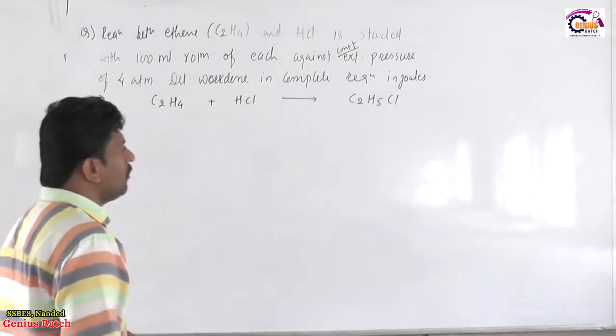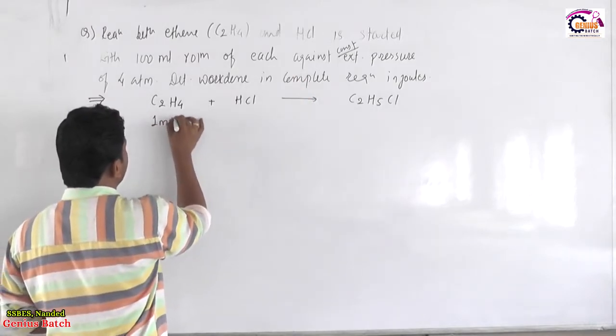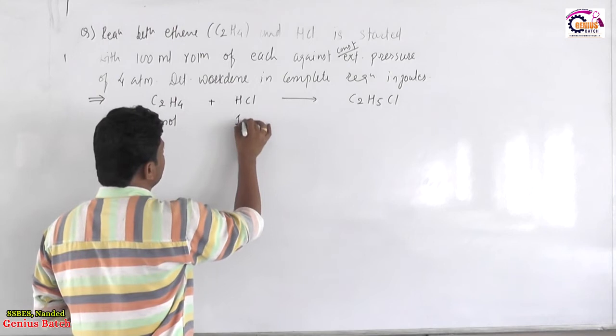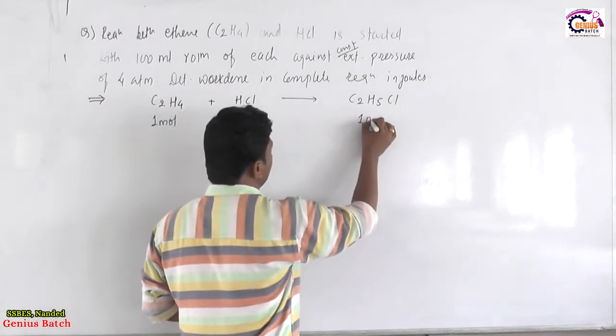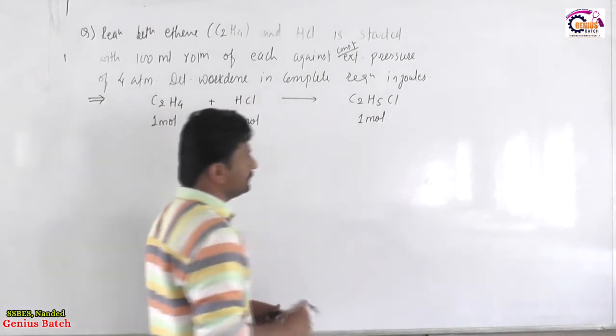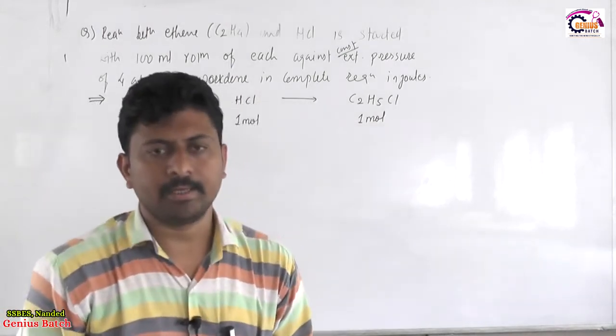Now from the stoichiometry of the reaction, when 1 mole of ethene combines with 1 mole of HCl, it results in 1 mole of ethyl chloride. Got it?